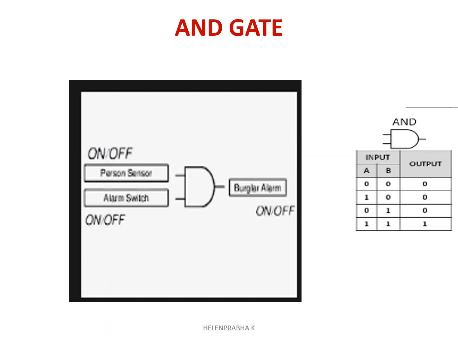Then the person sensor is outside. If any person enters near the door, then the person sensor will get on. Then both the sensor outputs are high, so the AND gate input is high, then automatically the burglar alarm will be on. So that way you can protect your home.